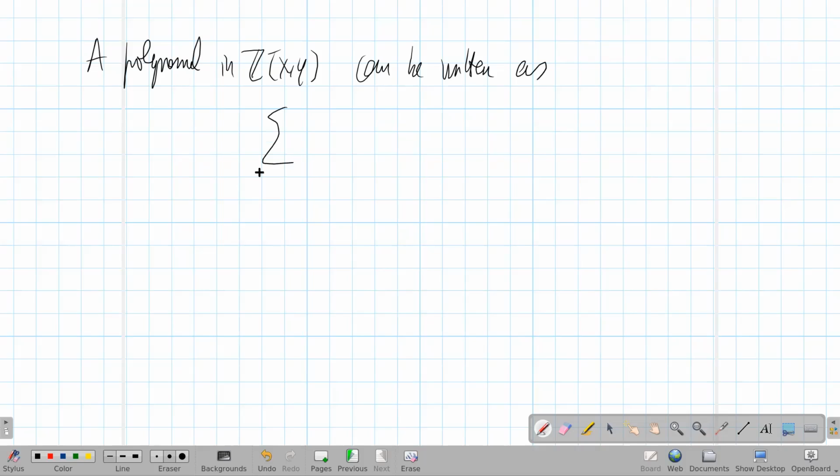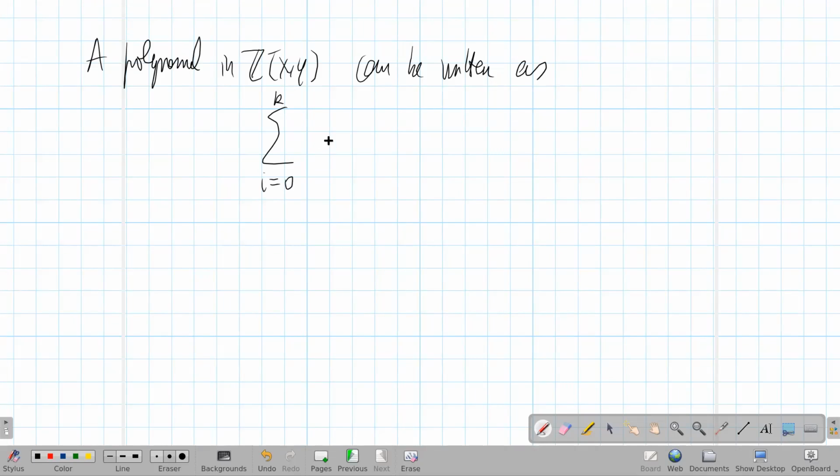A polynomial in Z[x,y], this is actually one of the possible ways of constructing polynomials in two variables, can be written as a sum, i from 0 to k.